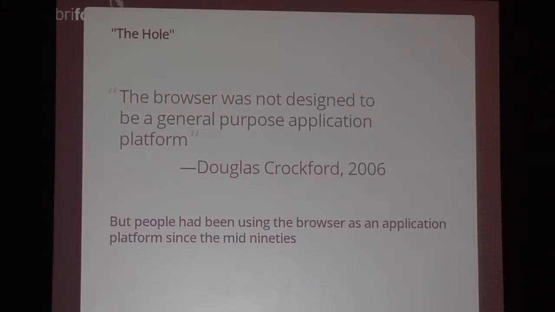Now, why is that a problem? It's a problem because you're using the platform for something that it wasn't intended to be. The browser originally was not designed to be an application platform, and that created a lot of problems. You had performance issues. You had memory leaks.